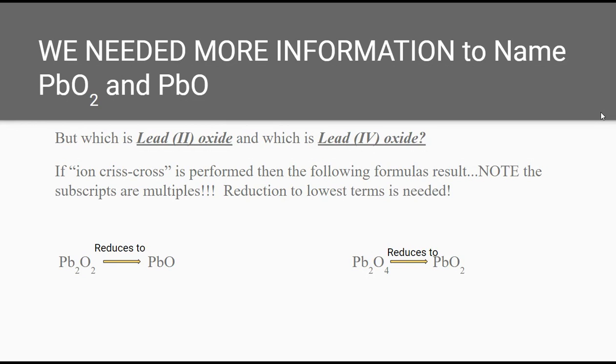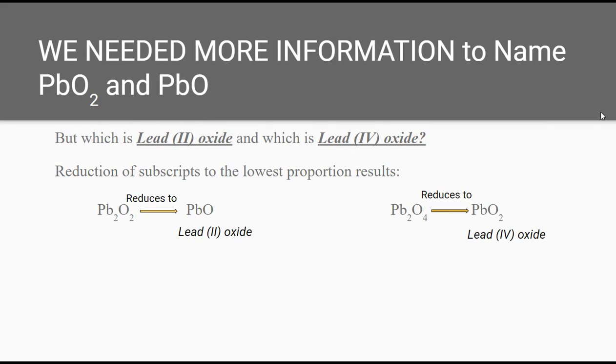So Pb2O2 would have reduced to PbO, and Pb2O4 would have reduced to PbO2. Pb2O2 reducing to PbO would have been named lead Roman numeral 2 oxide, and PbO2 would have been lead Roman numeral 4 oxide.